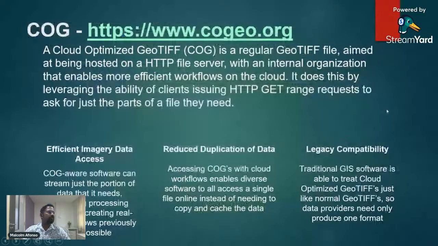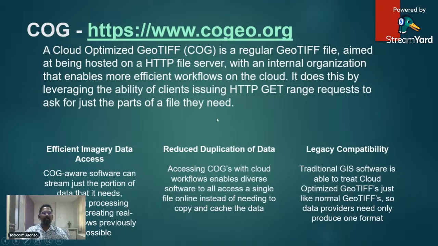A cloud optimized GeoTIFF is just like a regular GeoTIFF. It has the same extension .tiff, but it is made to be hosted on the cloud and can be easily called via HTTP request into the client, for example, a QGIS desktop application. So this makes COG a very interesting data format to work with.